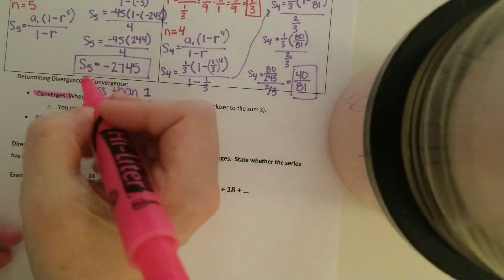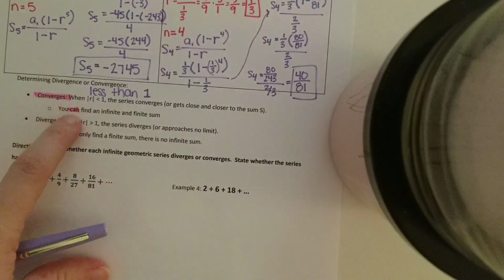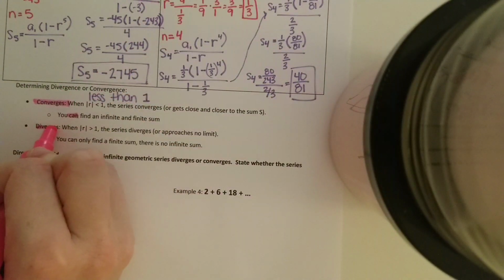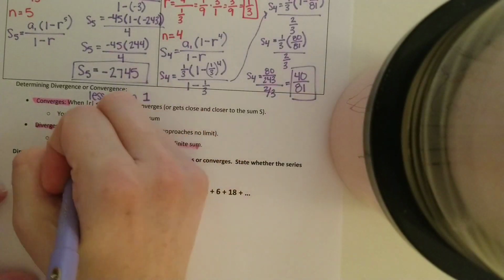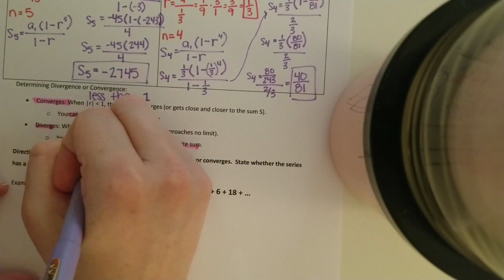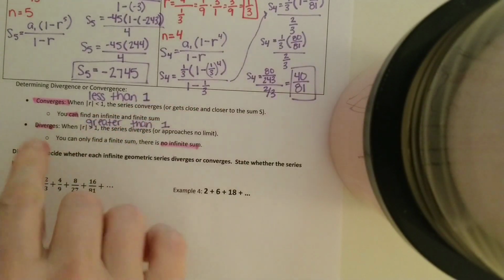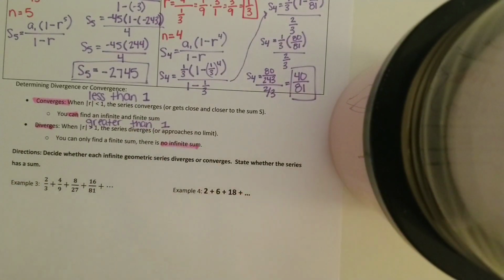And so when it's converging, you can find the sum. Whereas if it's diverging, there is no infinite sum. So if it is greater than 1, that means it diverges and you can find no infinite sum. It's not possible.